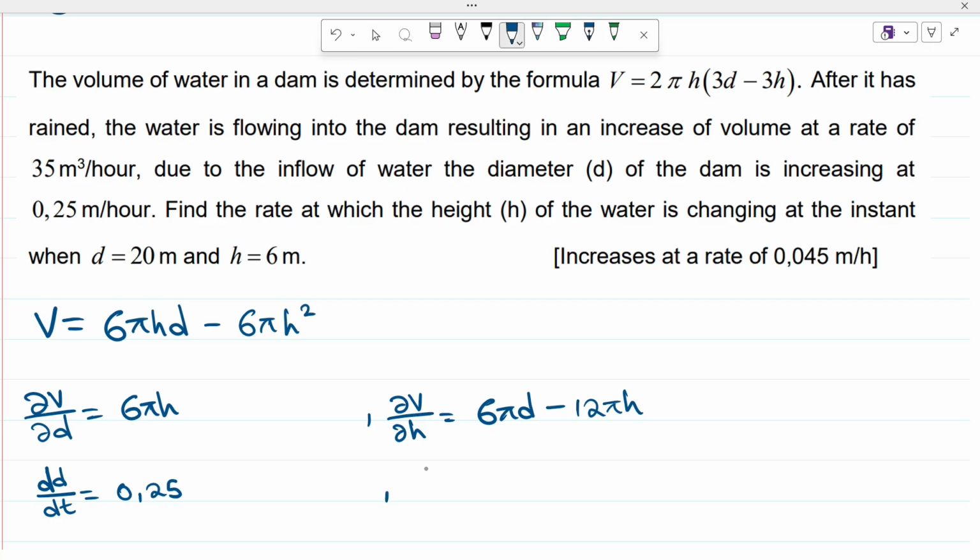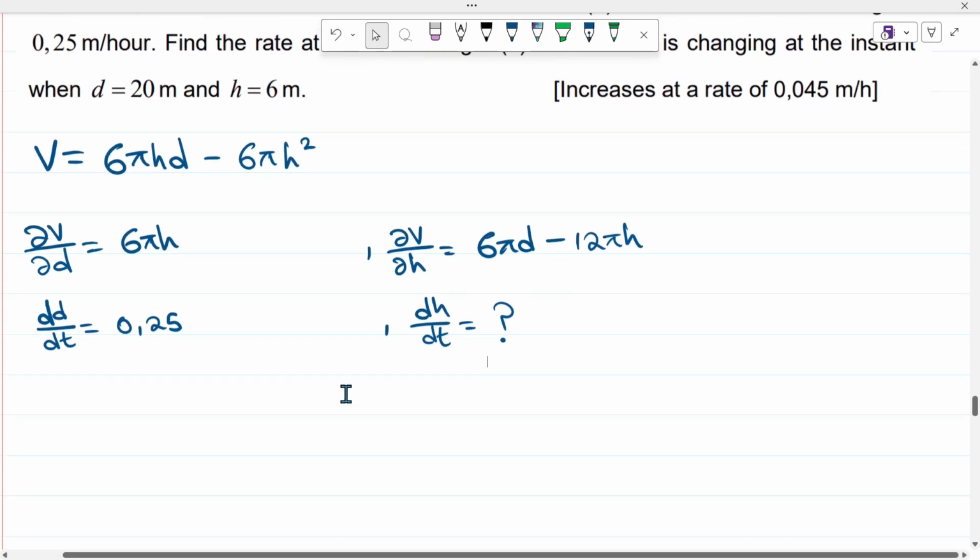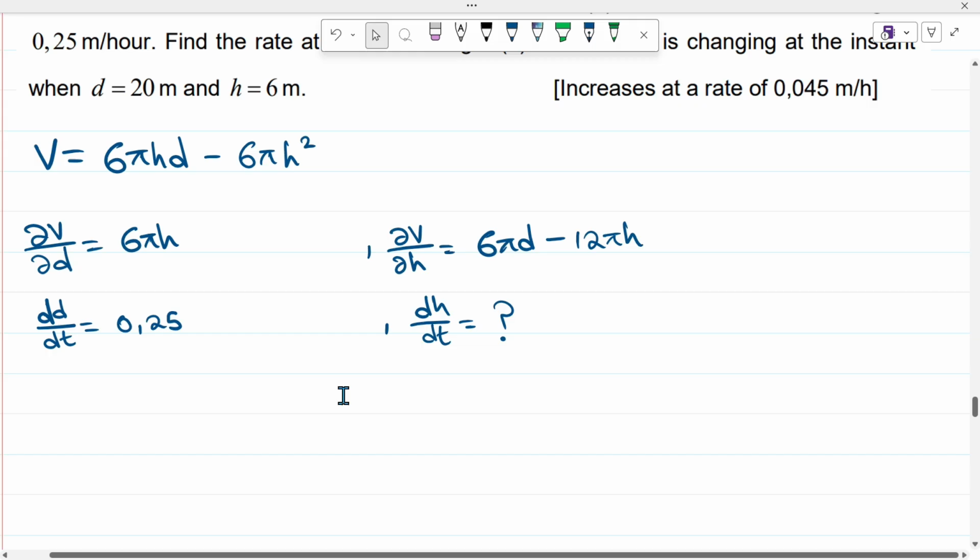And the rate at which the height changes with time, we are not told. So this is what we are looking for. And we're also given that the rate at which volume changes is 35 cubic meters per hour. So now we can rewrite our equation.